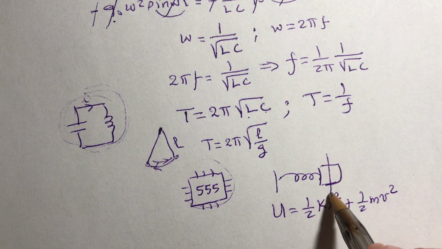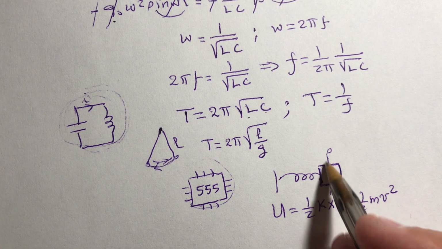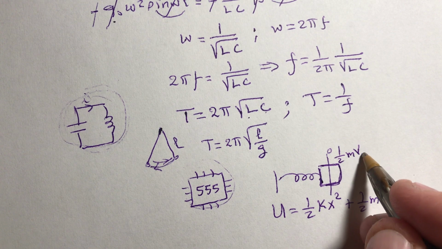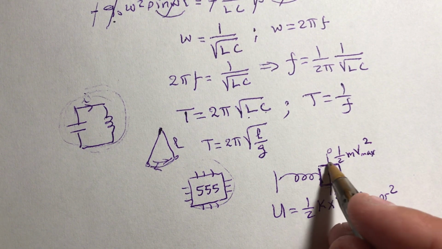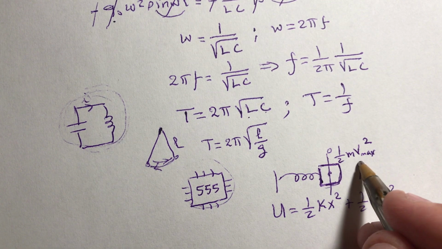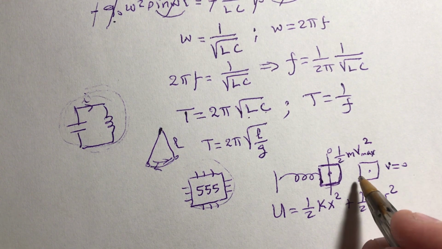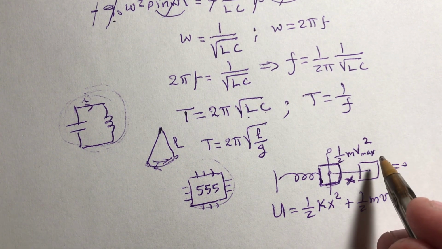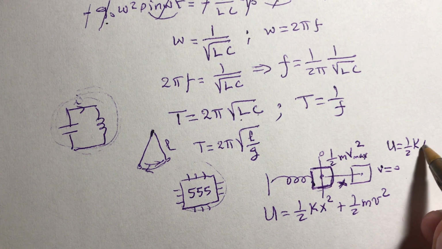So when this mass is moving with velocity through this origin, you have maximum kinetic energy, so I put here max. At this location, this mass has maximum kinetic energy and it's moving through the center. When it gets here, it will stop. And here you have velocity equal to 0, but then you have maximum x, maximum amplitude. So you get maximum potential energy, 1/2 kx squared.